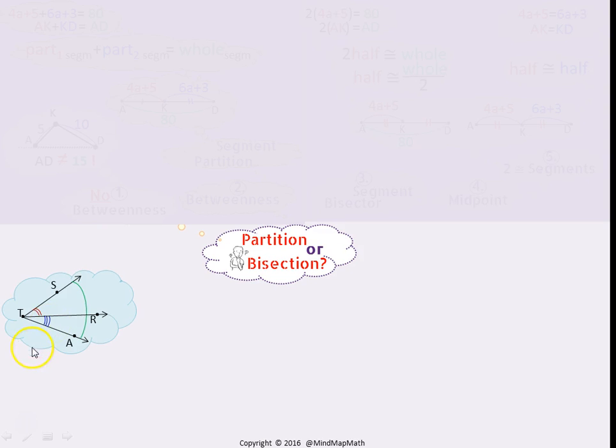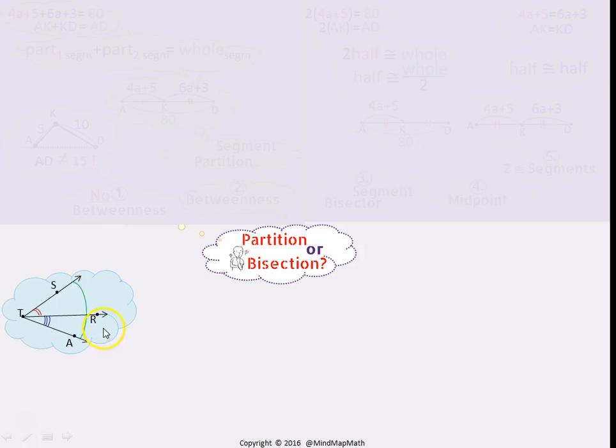Now, at this point, it's important to notice that I should not be referring to any of these angles as angle T, because it becomes very ambiguous. When you say angle T, do you mean the angle on top, on the bottom, or are you referring to the entire whole green angle?